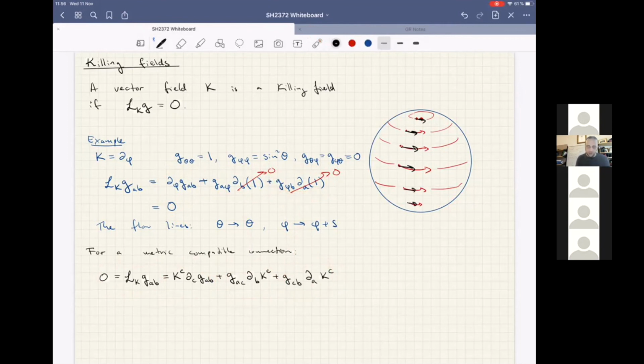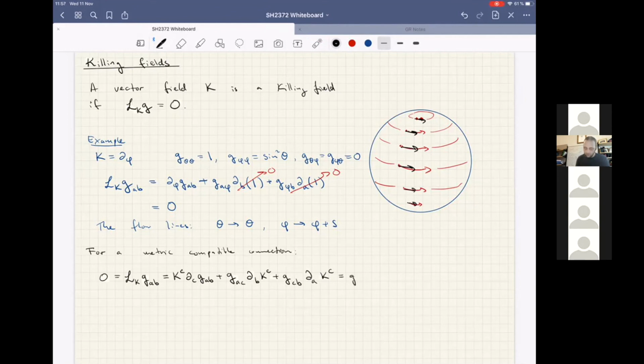So what I can do now, assuming that I have a metric compatible connection, I'm going to be able to express this derivative of the metric tensor in terms of the Christoffel symbols. So what I end up with is something as follows.